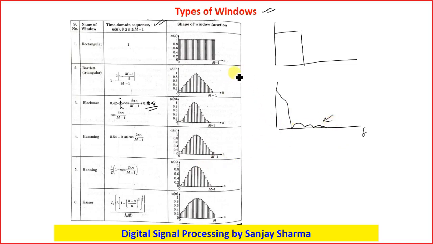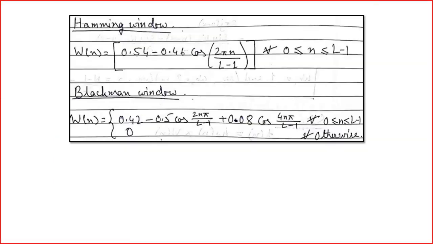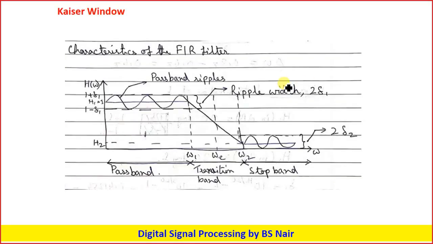Now when you apply these windows, all of them have their own characteristics and properties, which help in reducing this rippling effect. We have already discussed about the FIR filters that there are some ripples in the passband and also in the stop band.